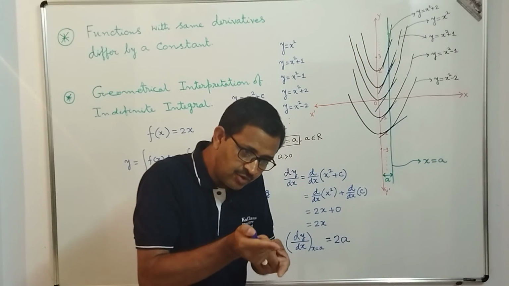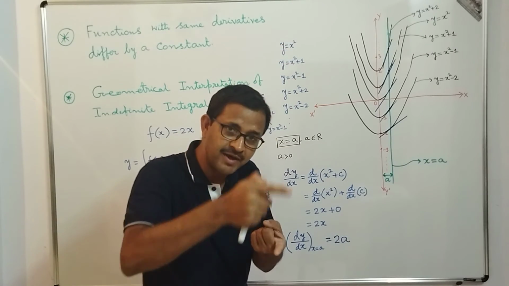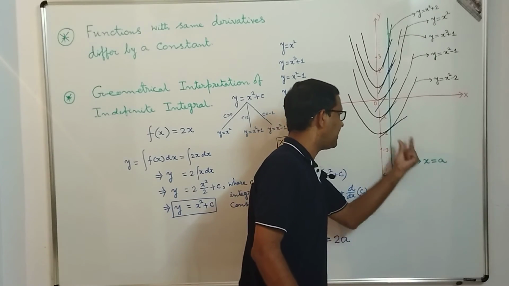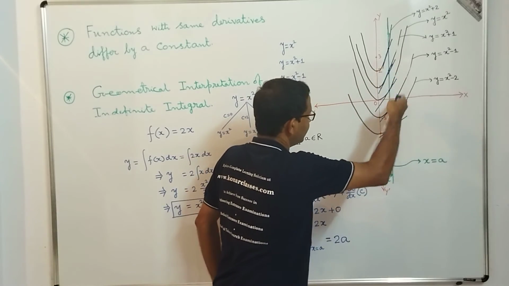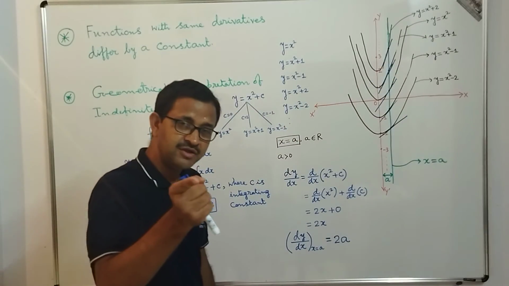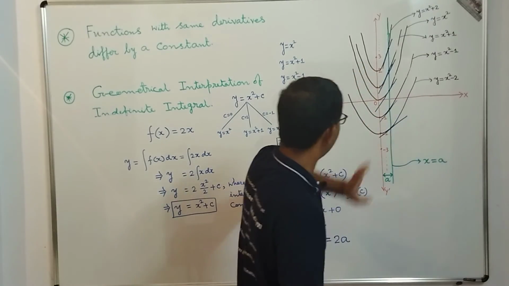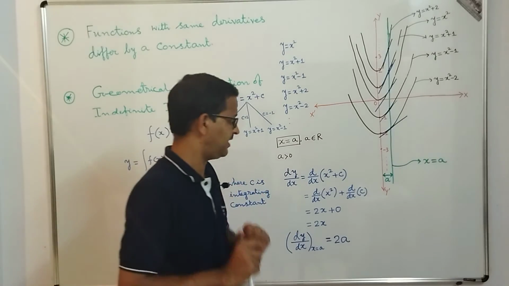Now if we draw tangents to these parabolas at the points of intersection with the line x equal to a, we will see all these blue lines are parallel to each other. My drawing is not very perfect, so apparently it may look like a few blue lines are not parallel, but I hope you understood it is actually parallel.